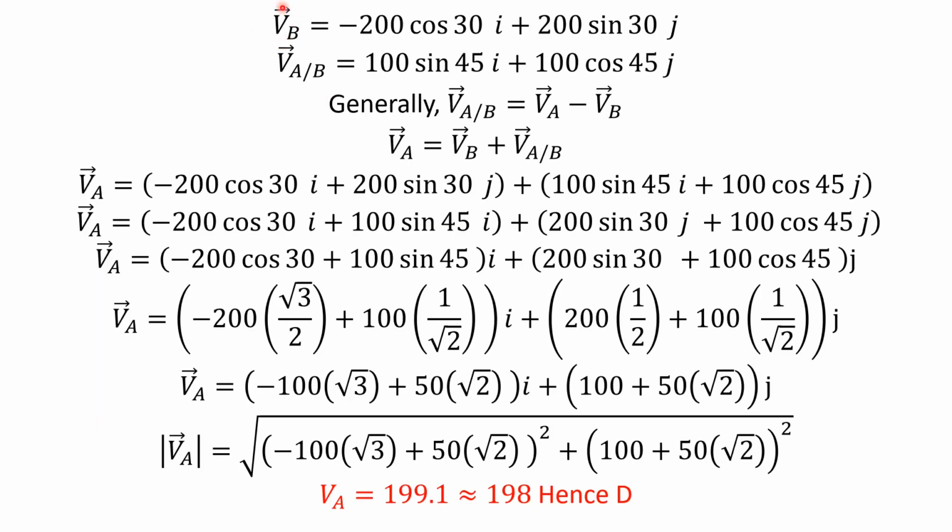So now we obtain the velocity of B to be the sum of its horizontal and its vertical component, and the velocity of A relative to B to be equal to the sum of its horizontal and its vertical component.